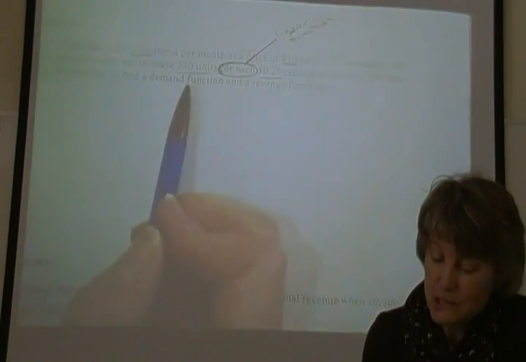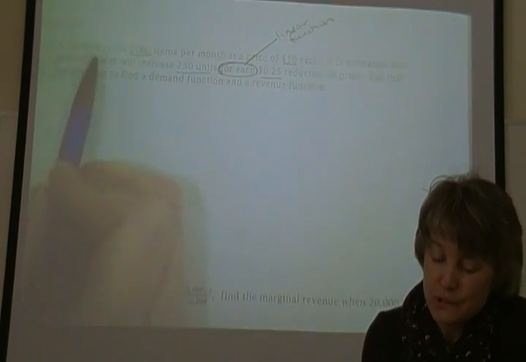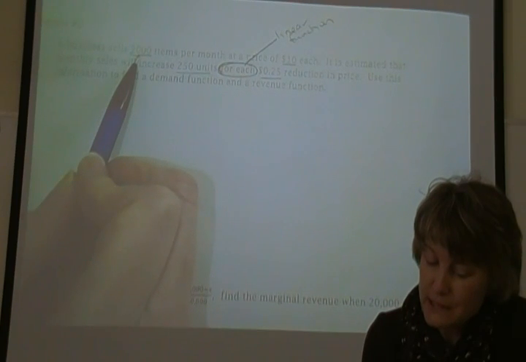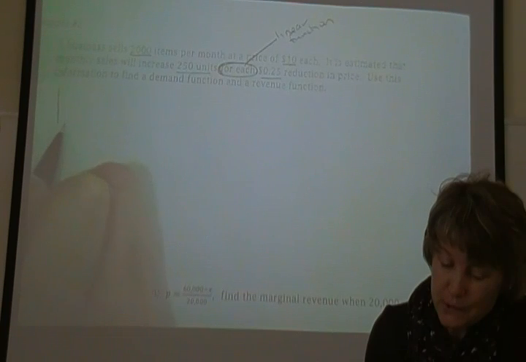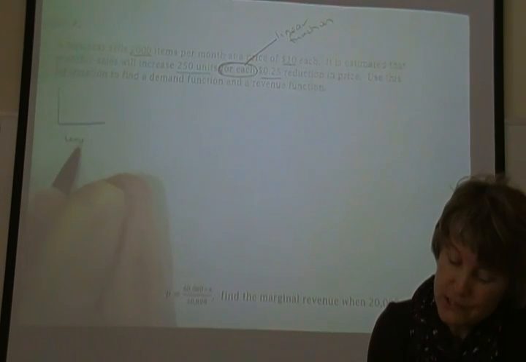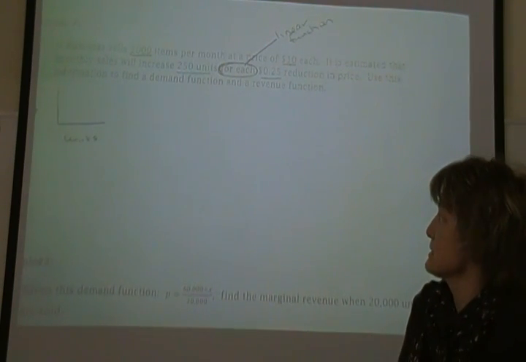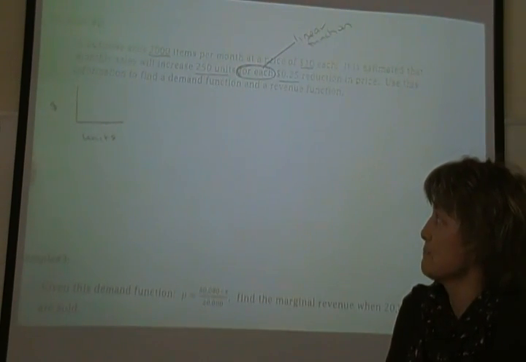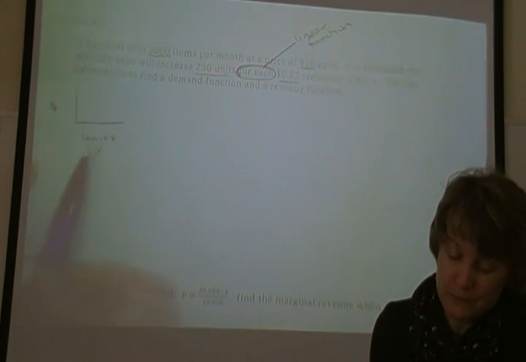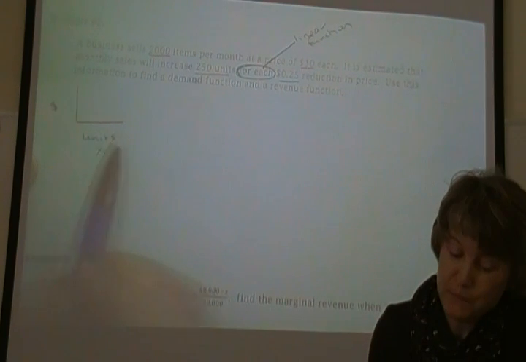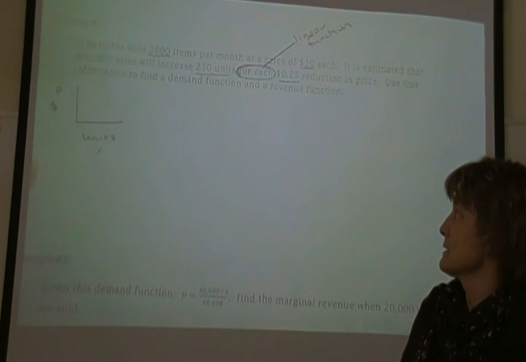Well, we've got 2 points, and anytime we have 2 points, we get an equation of a line. So here's 1 point. 2,000 items with a price of $10. We have to remember that we put our units on the x-axis and our money on the y-axis, just like we talked about at the beginning, which means our x is going to be x on the x-axis, but our y is going to be the p, or the price.